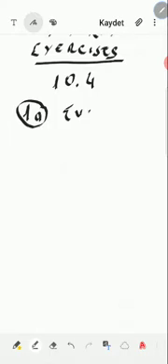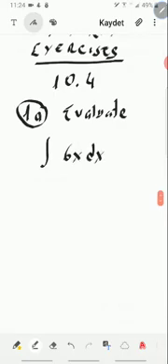Let us evaluate the integral of 6x dx from 0 to 1. We have the integral of 6x dx, and we learn how to integrate this from 0 to 1. The upper limit is 1, the lower limit is 0.